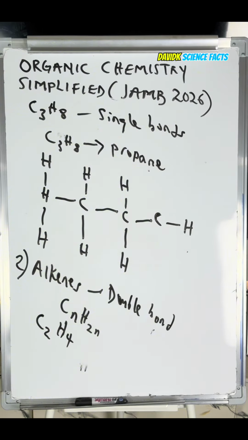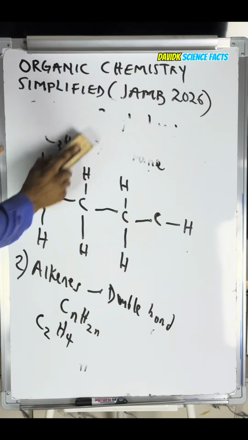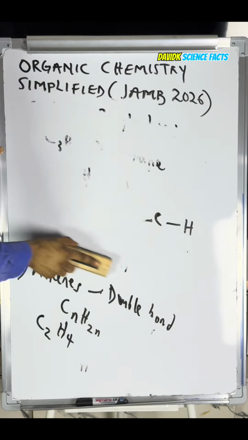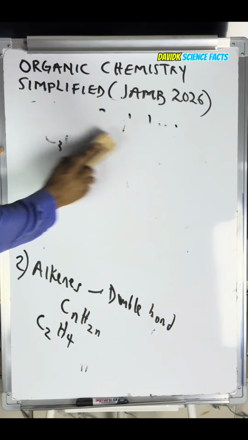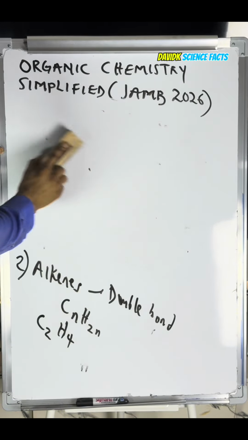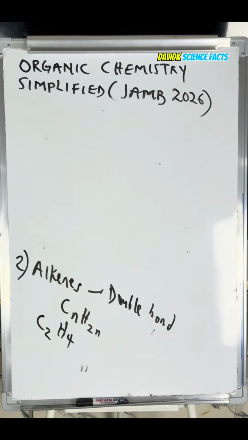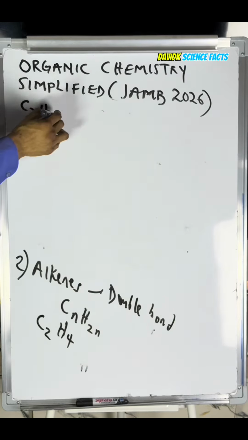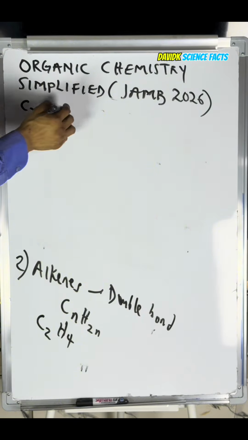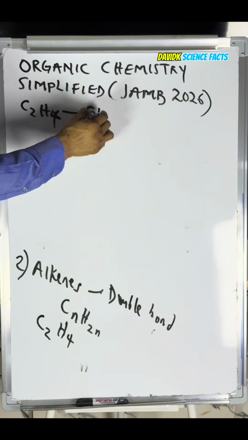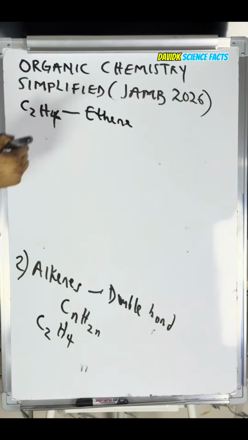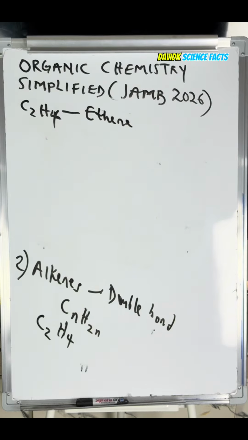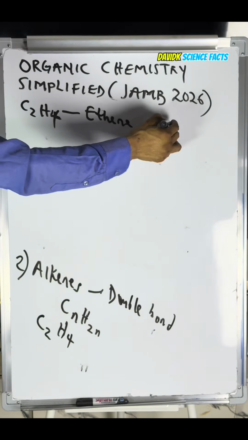Now, let me give an example of what I mean. C2H4, remember, is also called ethene. It has a double bond, so it is an alkene.